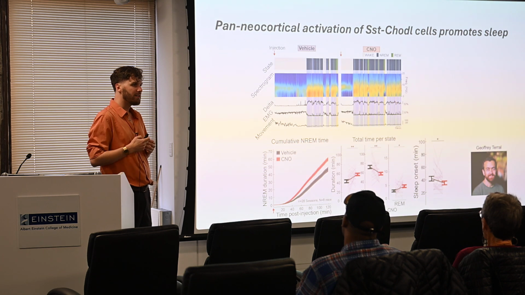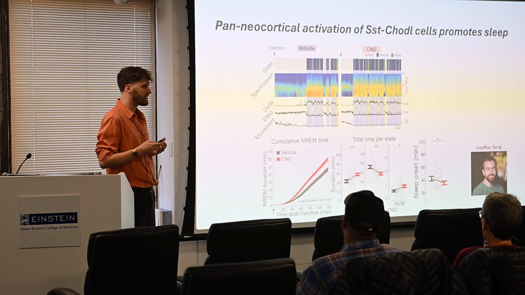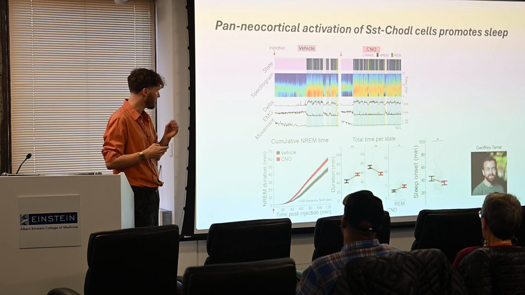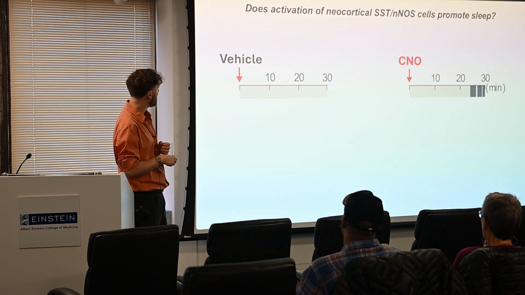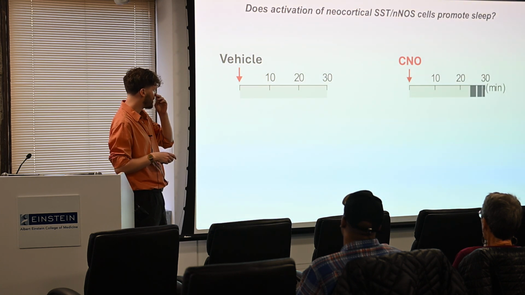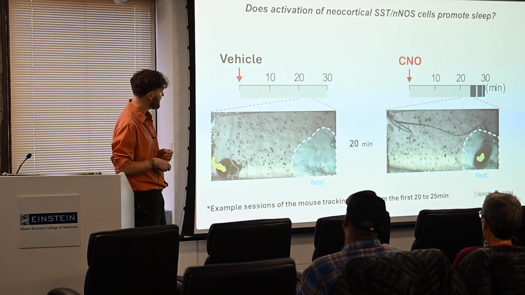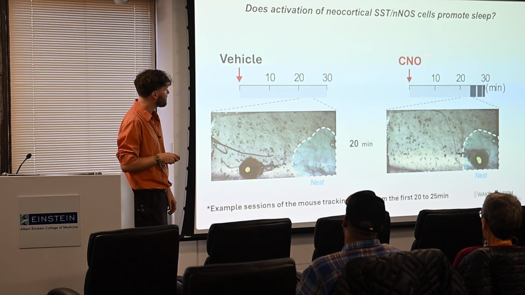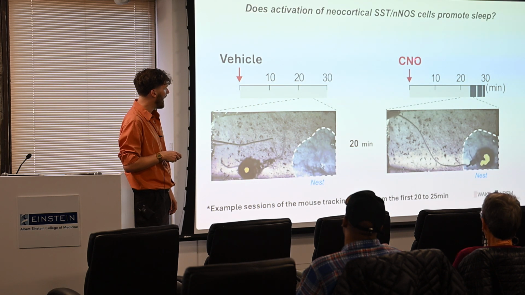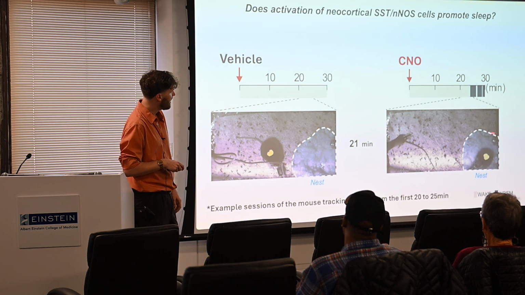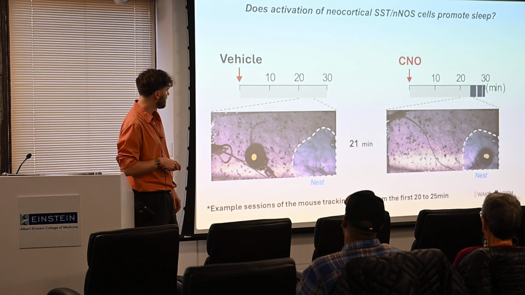We wanted to see whether or not this was some sort of physiological sleep, whether these animals were going to sleep naturally, or whether maybe they were just knocking out on the side of their cage. So we monitored them shortly after injection with videography. This is the same mouse you're seeing on subsequent days. And after injection of our CNO drug, where we're activating our somatostatin cortical cells, this mouse is engaging in really different behavior.